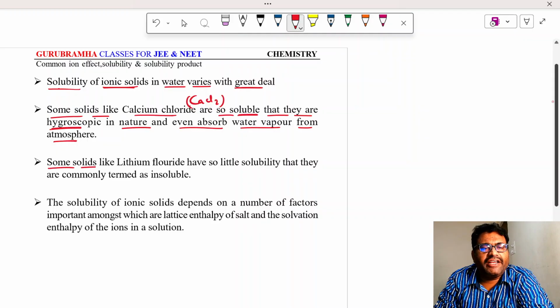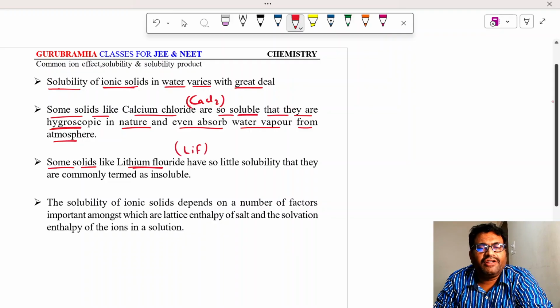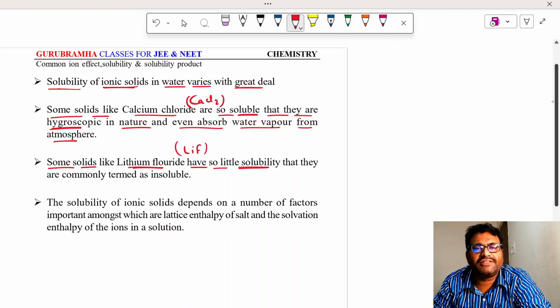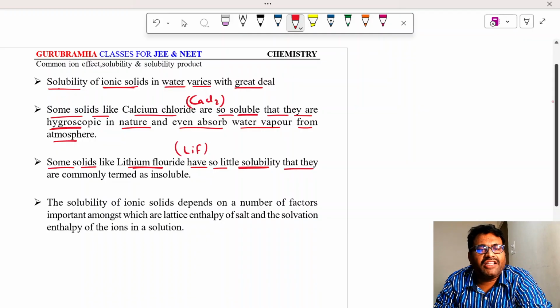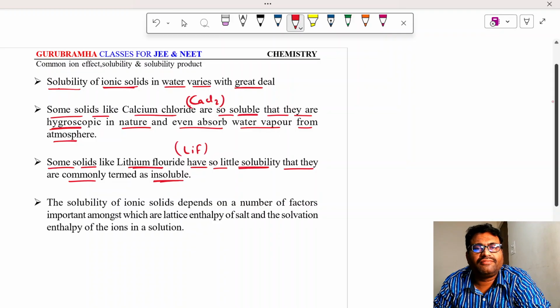Some solids like lithium fluoride have very little solubility, so little that they are commonly termed insoluble.